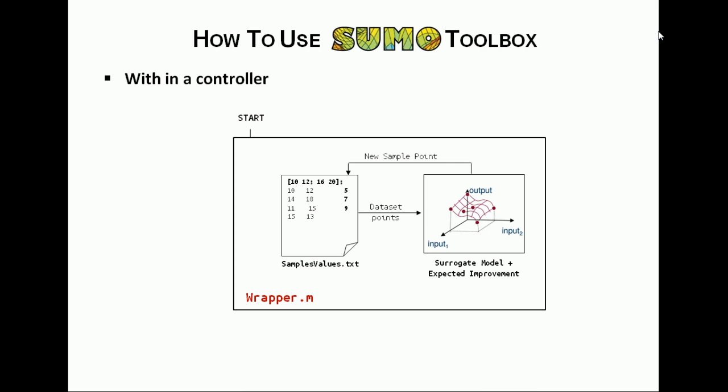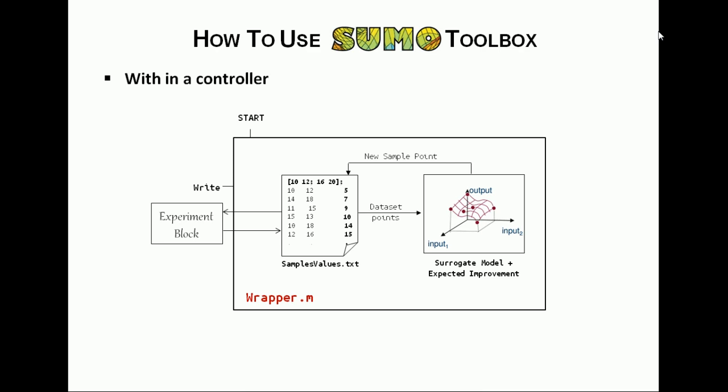Next we conduct experiments using the next sample point, and we store the result back to the file for the next optimization to continue. With this approach, you have the choice to use your own controller, select a variety of initial sampling methods, or define your own stopping criteria.